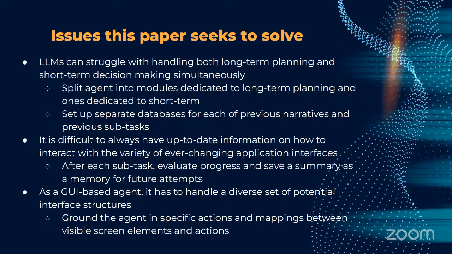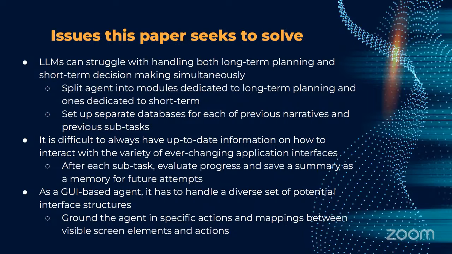So how does Agent S address this? For the first issue, long-term planning, we split up the agent into modules dedicated respectively to long-term planning and to short-term planning. And we set up separate databases that each of these is supposed to learn from: previous narratives for long-term planning, or just previous subtasks for the short-term. We'll get more into detail on that later.